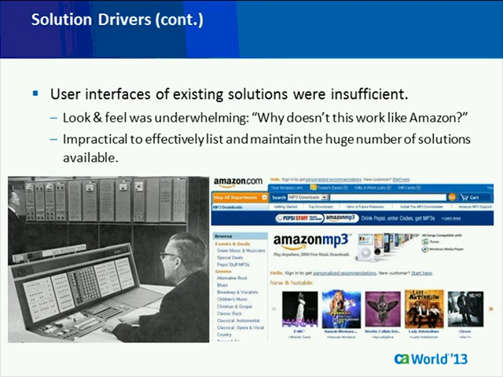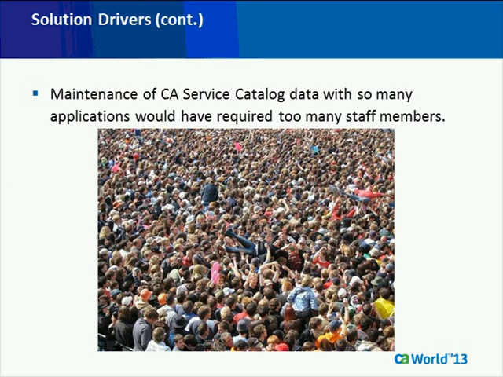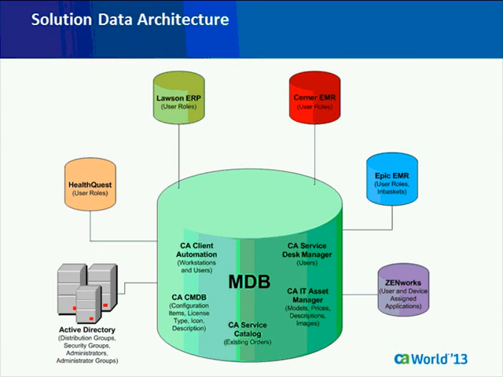We also found, with the sheer number of services that we provide, applications alone, we've got something on the order of 1,350 applications. We couldn't maintain that list within Service Catalog without employing a tremendous number of people on my team to maintain those services and update them constantly. And so we needed to find a better way to do things within Service Catalog.